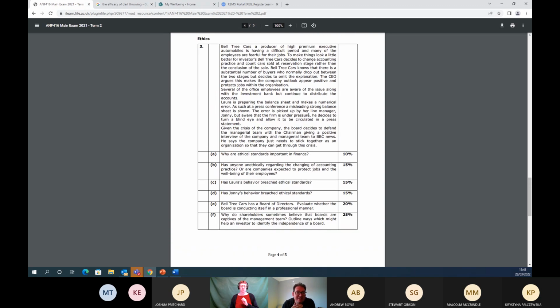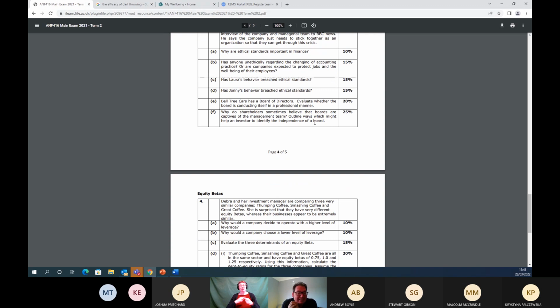So last year, market efficiency wasn't in the exam. That's not to say it won't be in the exam this year. It seems to be ethics and property that was in the exam, both in the main paper and the resit paper last year.